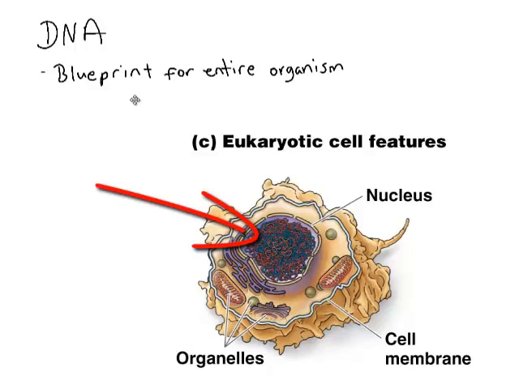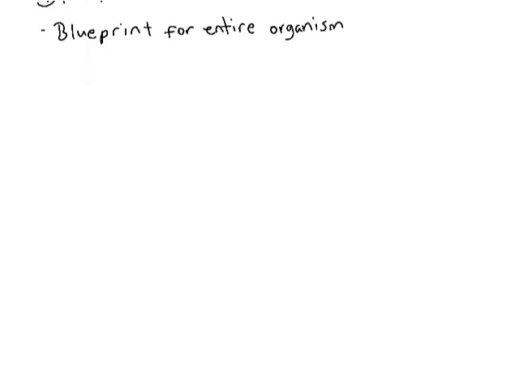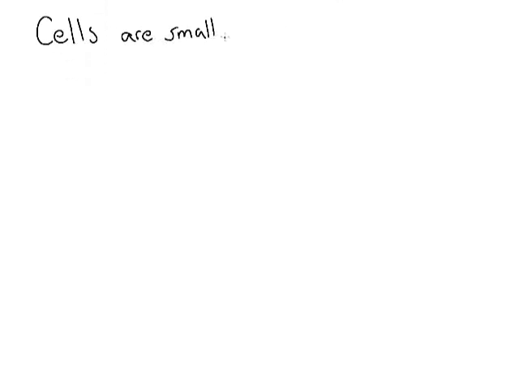Eukaryotes are all of the protista, fungi, plants, and animals. These can either be single-celled or multi-celled organisms, but they all have nucleated cells, or cells with a nucleus.